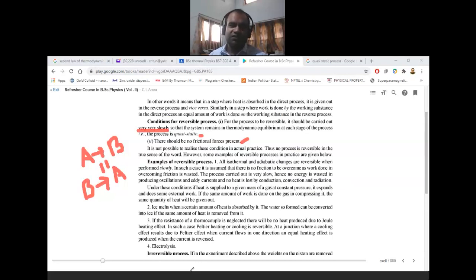So that is the reason friction should not be present. Whenever we consider a piston, it is considered to be frictionless. If it had friction, heat would be lost, temperature would change, and the process would no longer be in equilibrium. I hope this is clear.